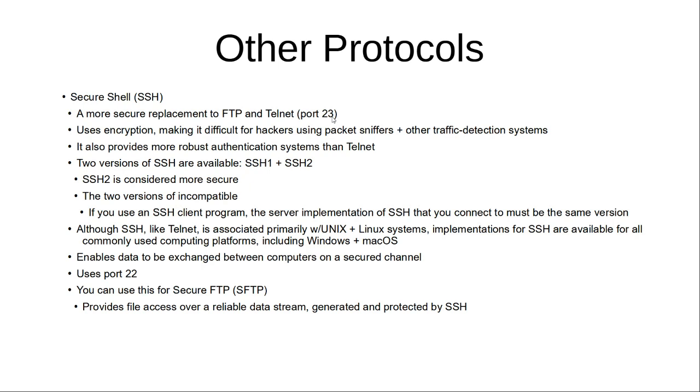It also provides more robust authentication systems than Telnet. There are two versions of SSH, SSH1 and SSH2. SSH2 is considered more secure, and the two versions are considered incompatible. If you're using an SSH client program, the server implementation of SSH that you connect to must be the same version.